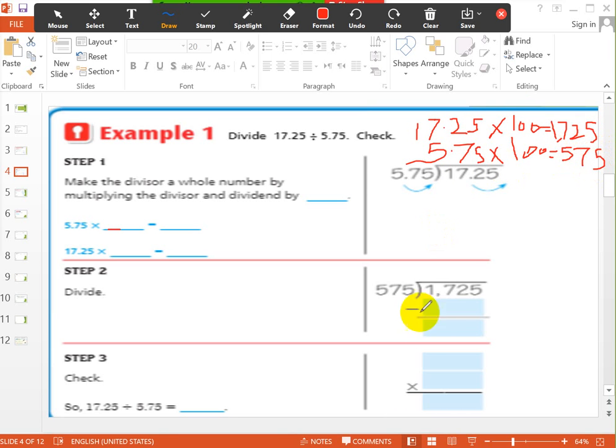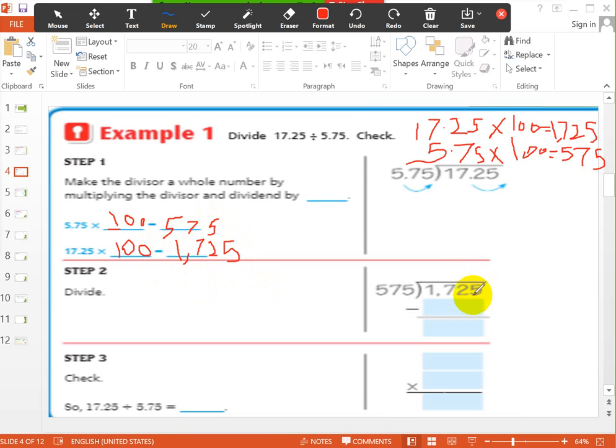Now I will divide. The first number I multiply by 100, and the second one I multiply by 100. So this one will be 575, and this one will be 1725. Now let's start the division.